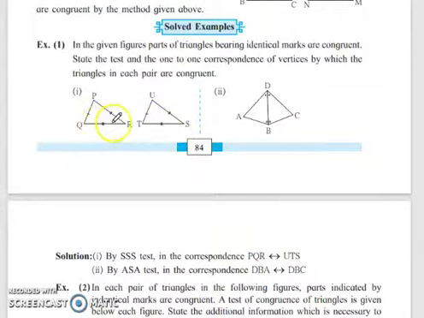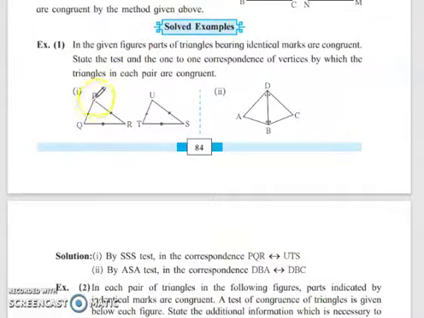The three sides of triangle PQR are congruent to the three sides of triangle UTS, and therefore these two triangles are congruent to each other by SSS test, side side side test. Now we have to state the one-to-one correspondence of vertices.